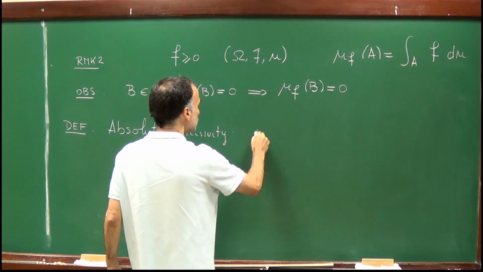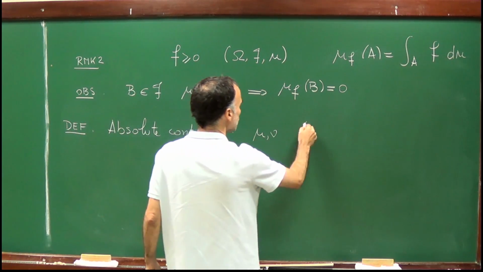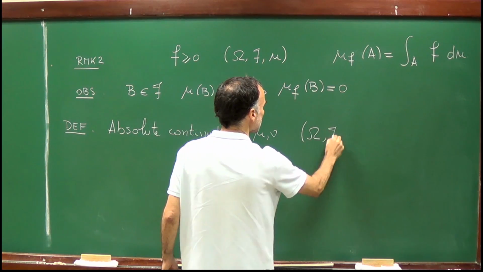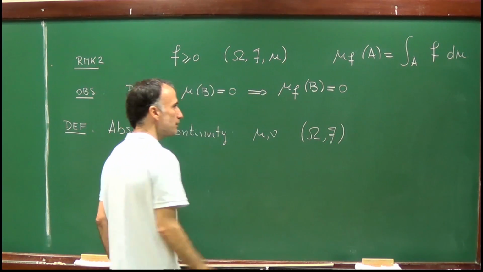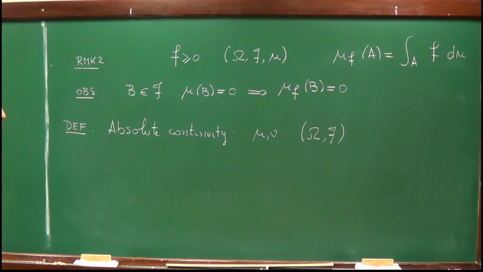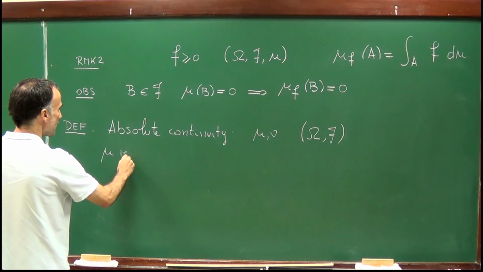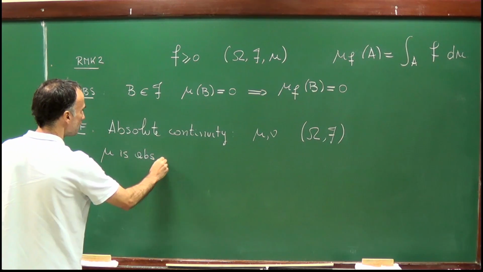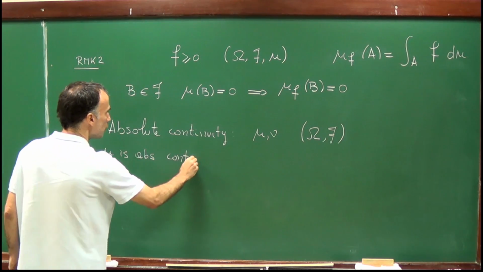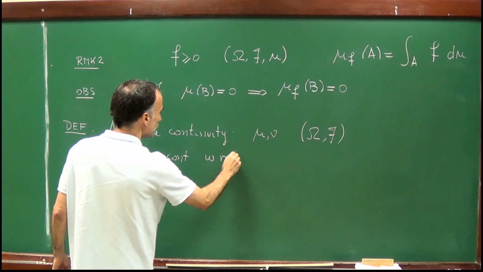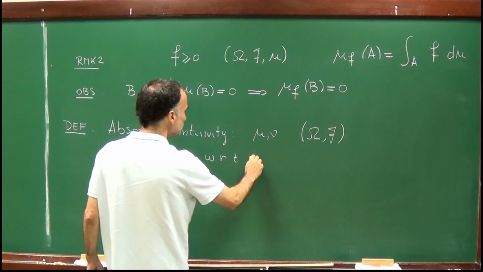Suppose that you have two measures, mu and nu, which are defined on a sigma algebra F defined on a set Omega. I will say that mu is absolutely continuous with respect to nu.